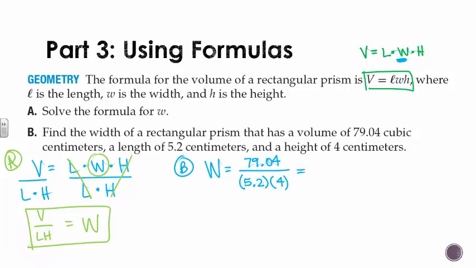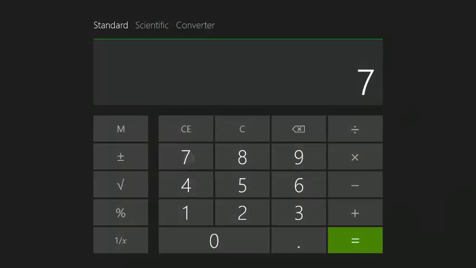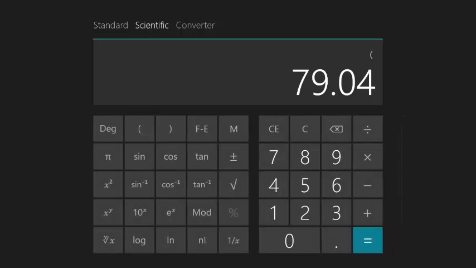So we're going to look for 79.04 divided by, I need some parentheses, 5.2 times 4 on the bottom.